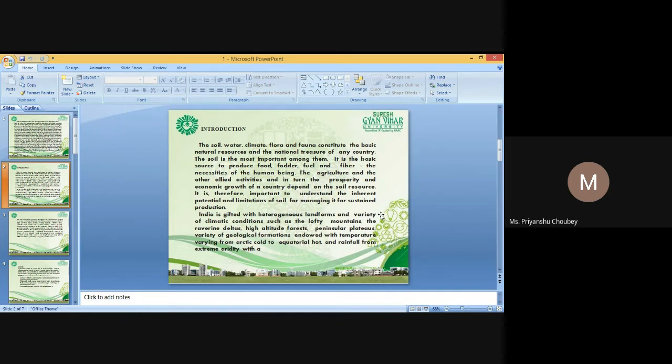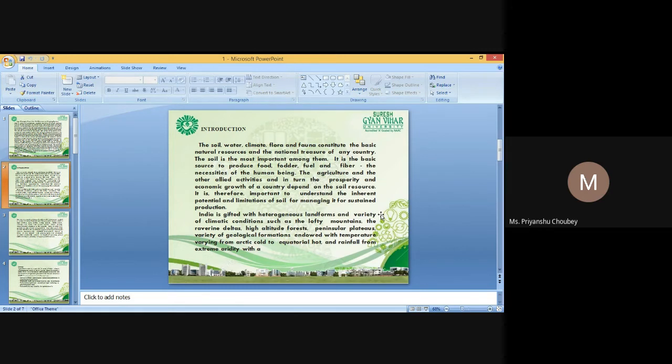According to UNCCD 2011, every minute 10 hectares of land are lost to degradation processes like erosion, nutrient depletion, salinity, alkalinity, acidity, and compaction. The United Nations Environment Programme has estimated that during the second half of the 20th century, the world compromised the quality of 2 billion hectares of farmland to degradation.